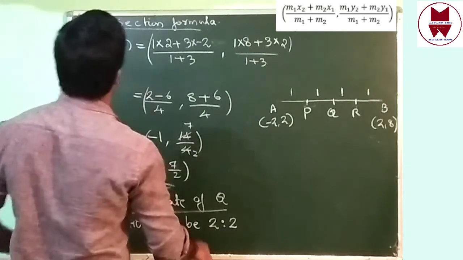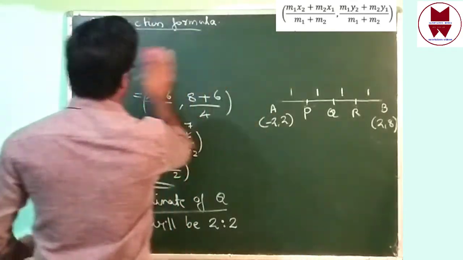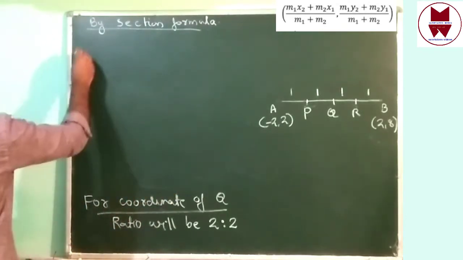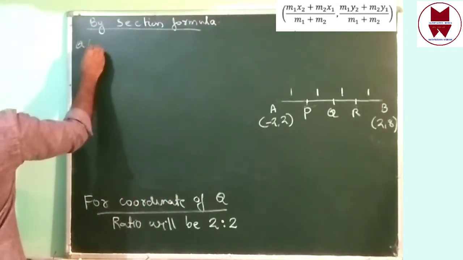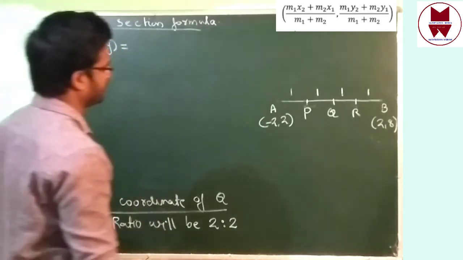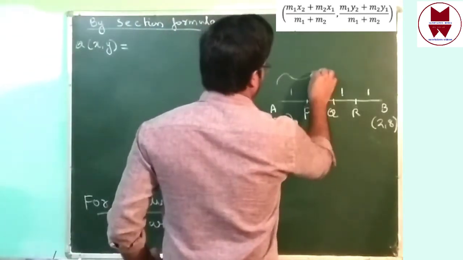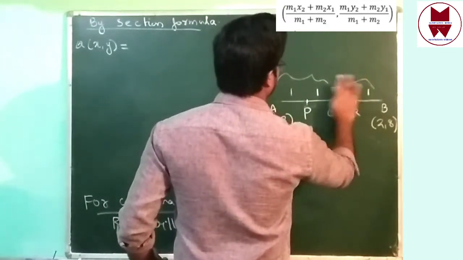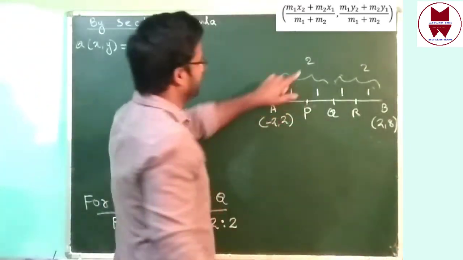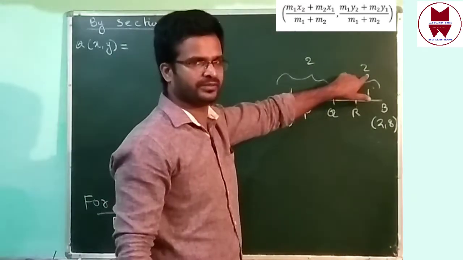Same, using the section formula. We can use the section formula. It is Qxy equal to, here. Then we can take 2, 2. 2 is M1, again 2 is M2.